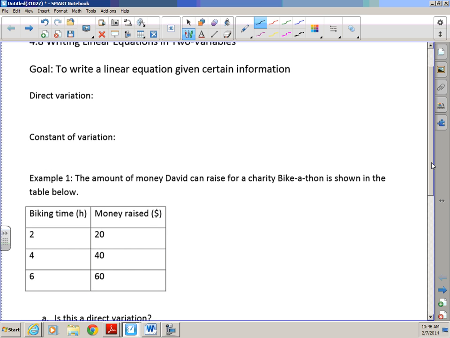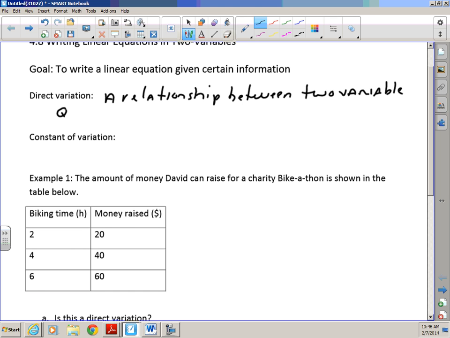And in math, a direct variation is a relationship between two variable quantities whose ratio is a constant.